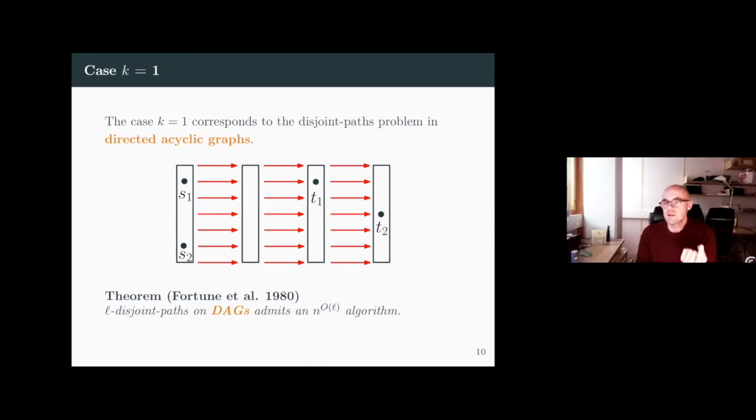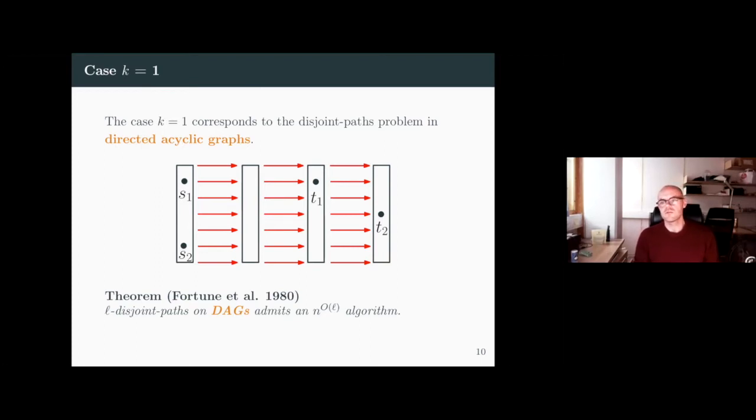When k equal to 1, we can do as many paths as we want. And in fact, if you remember the hardness proof, this was already for the case when k equal to 1. So the case k equal to 1, we know how to do it, but it already contains all the hardness of it.